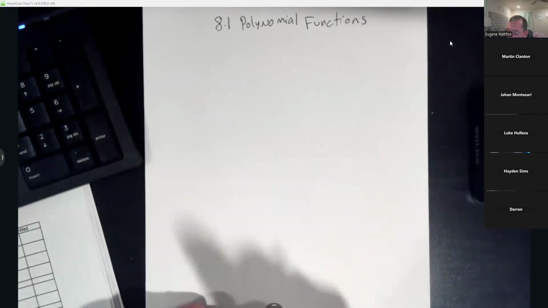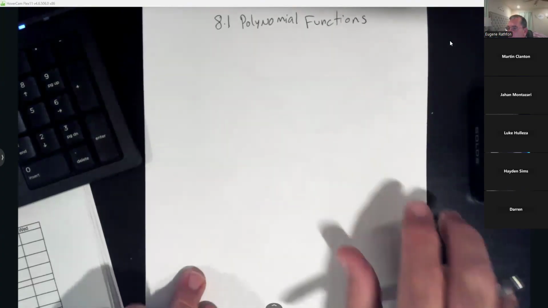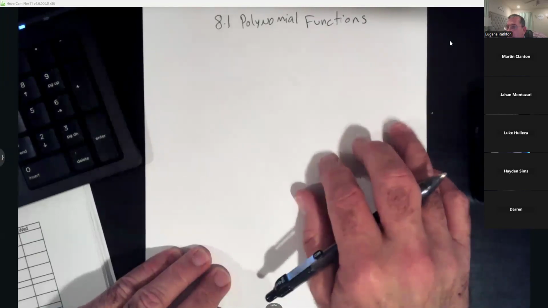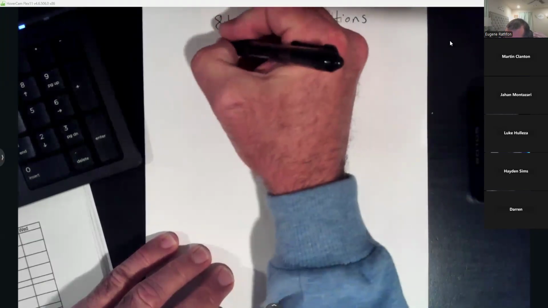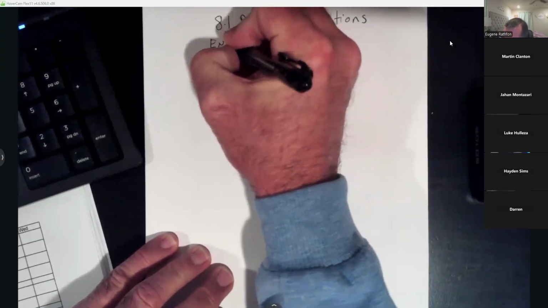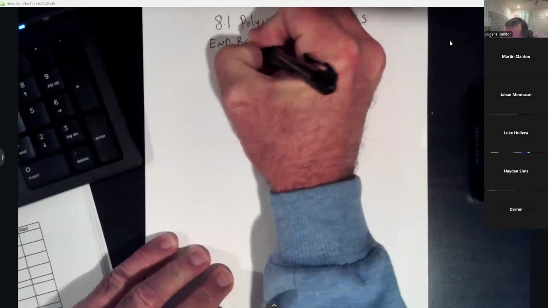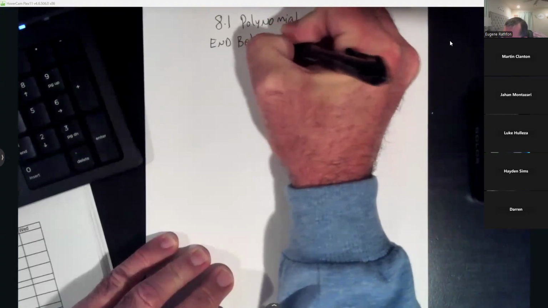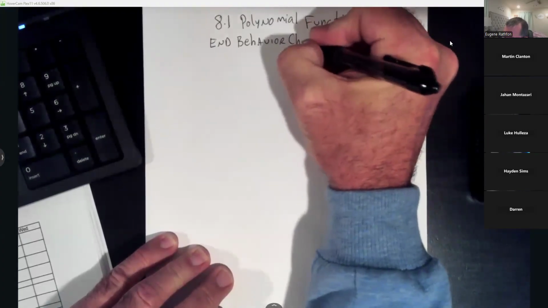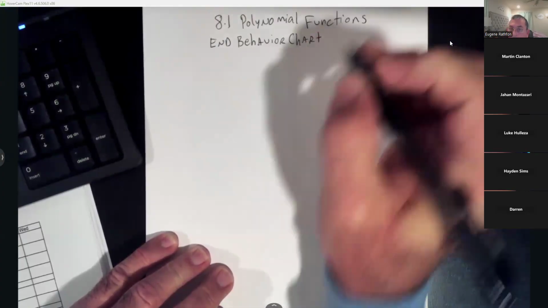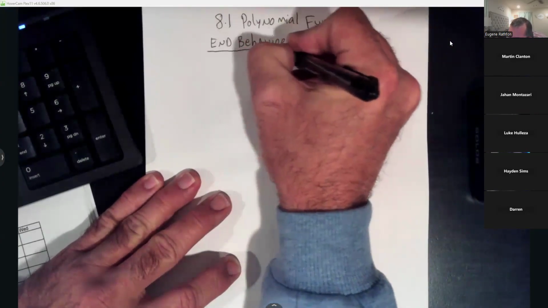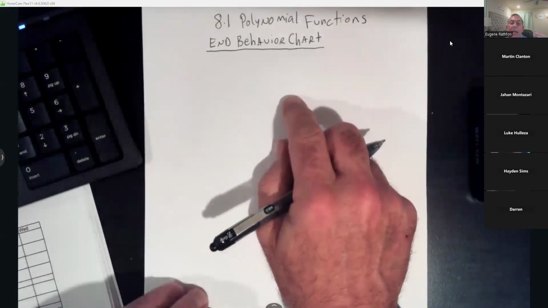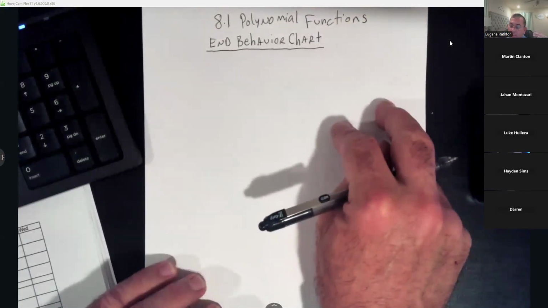So what we're going to do is make a chart to help us predict what the ends of the graphs will look like. So y'all, this will be an end behavior chart. Okay, so actually this chart will be good for some of the problems in 8.1 and in 8.2.